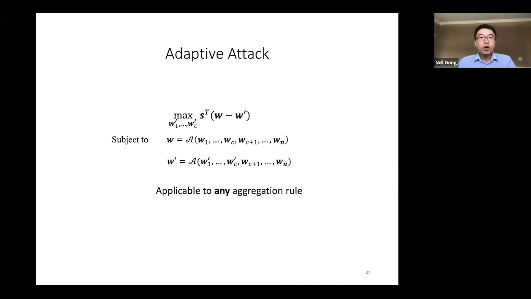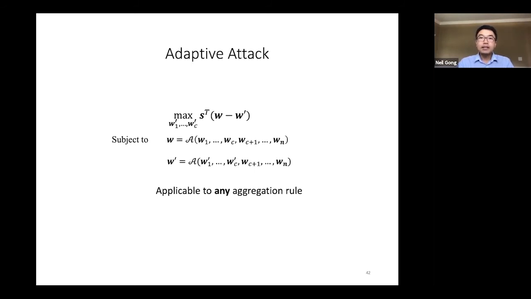So if we deploy FLTrust and an attacker knows that FLTrust is deployed, the attacker can design an adaptive attack to FLTrust. Recall that we formulated our local model poisoning attack as this optimization problem, which is applicable to any aggregation rule.